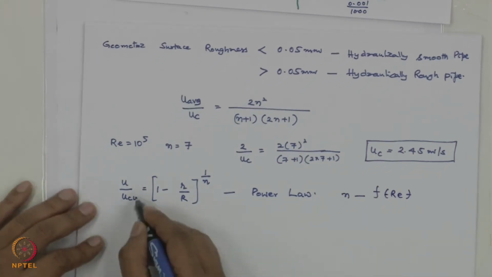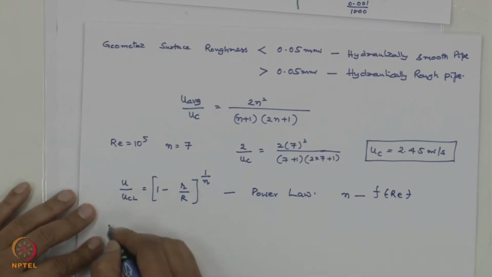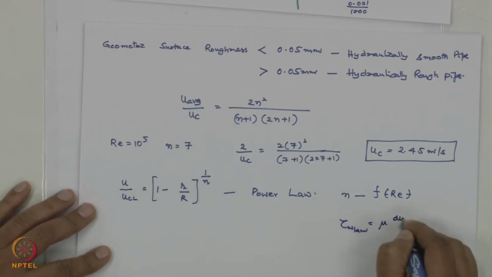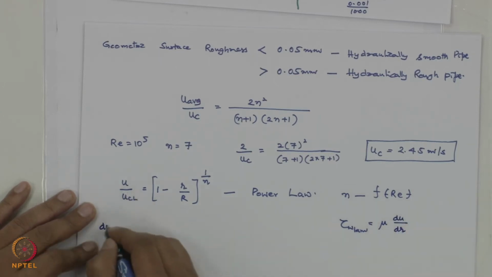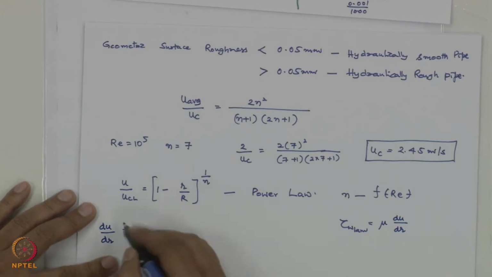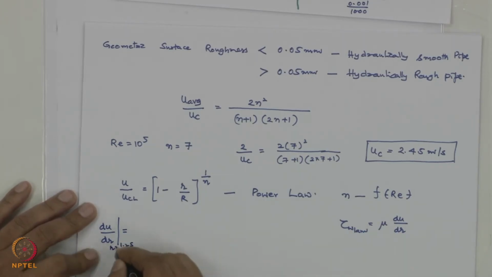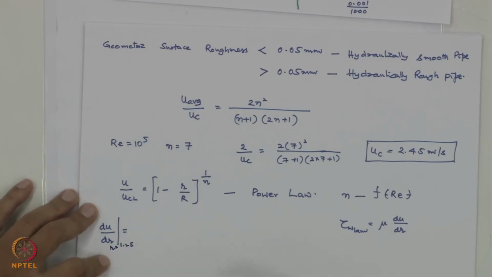So if you differentiate this with respect to R, because tau wall laminar equals mu du by dr, and you want, let us say, at a location 1.25 mm from the wall, at R equal to 1.25 mm, if you differentiate this, what do you get?